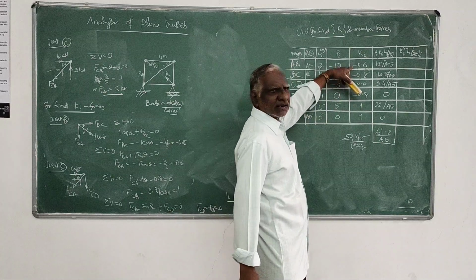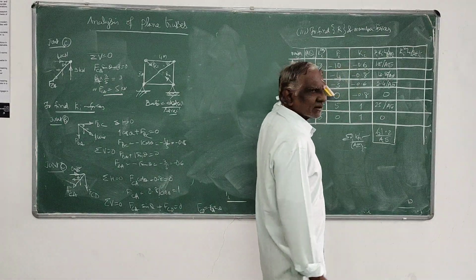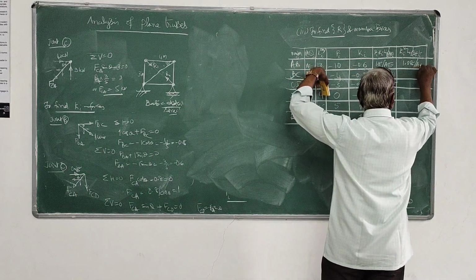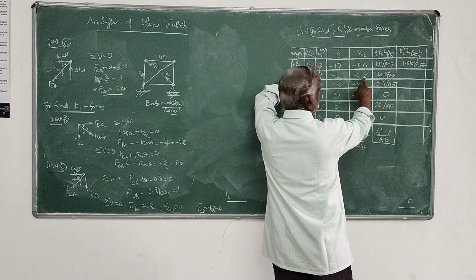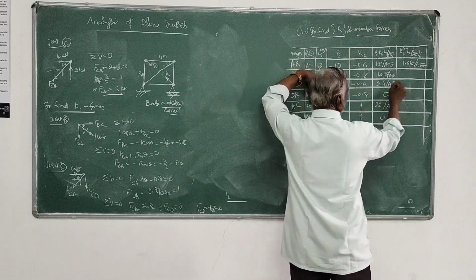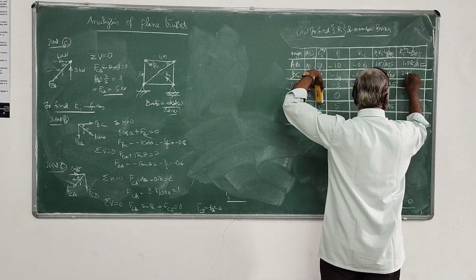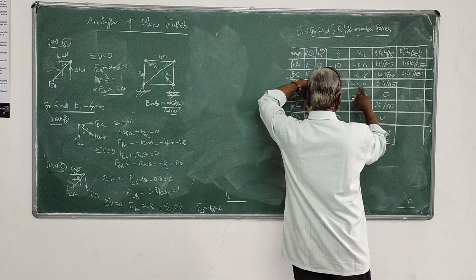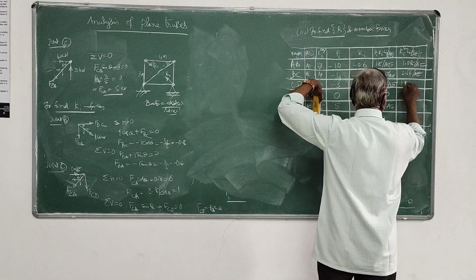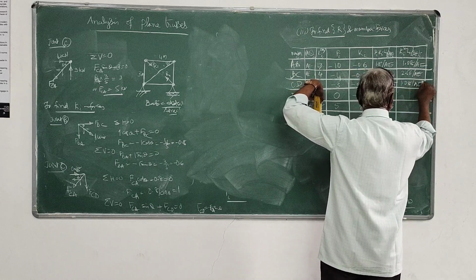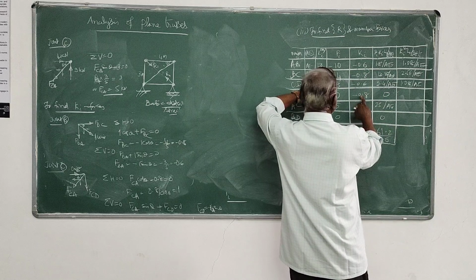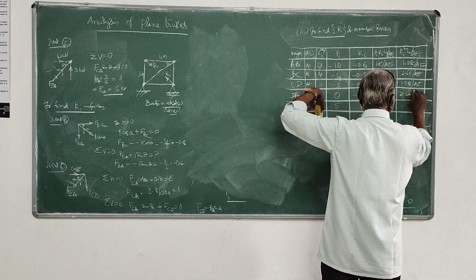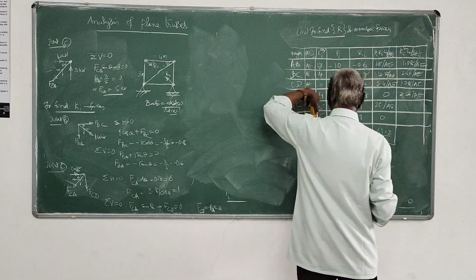Ki square 0.36 into 3, 1.08 by Ji. 0.8 square 0.64 into 4, 2.56 divided by Ji.